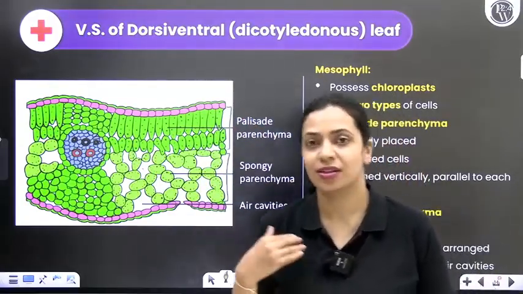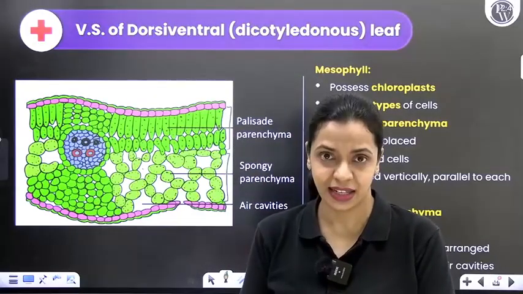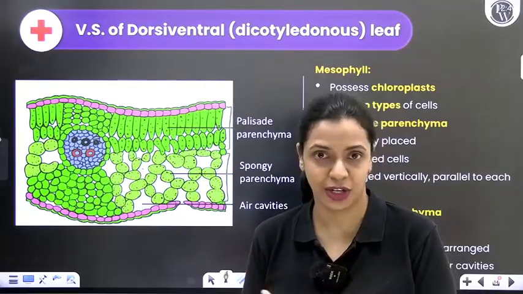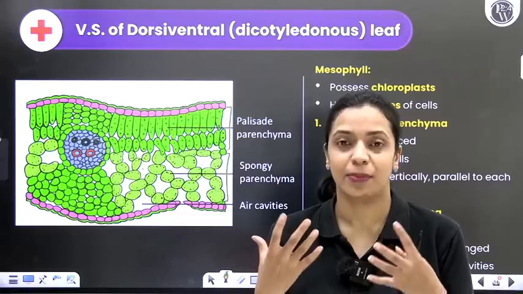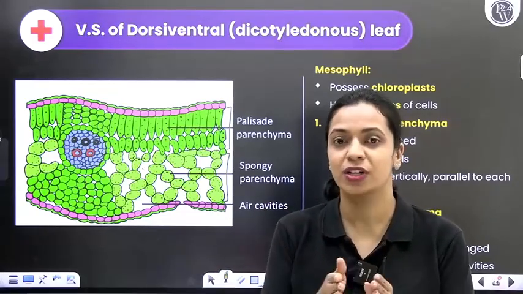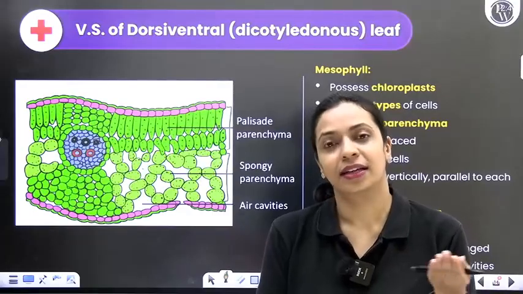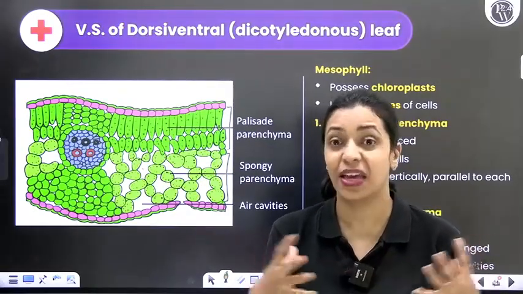You may have noticed how in dicot leaves, many a times the upper surface will appear bright, very dark green, and the lower surface will have comparatively a lighter shade of green. The reason is that the number of palisade parenchyma cells is more and their arrangement is more compact. That will give it a dark green color. And at the base, near the abaxial epidermis, the number of cells and its spacing is more.